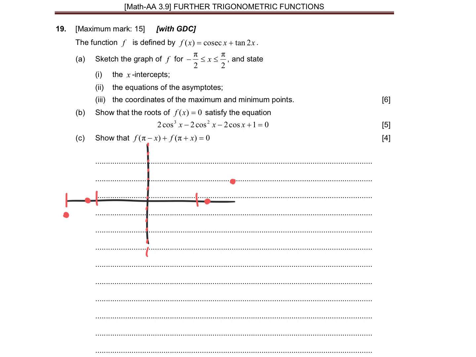So the asymptotes. 0 we've already got. If we do, sorry about this, pi over 4 maybe? Yeah, I just guessed really. It's undefined. So at pi over 4, so if this is pi over 2, we need pi over 4, which is like here.